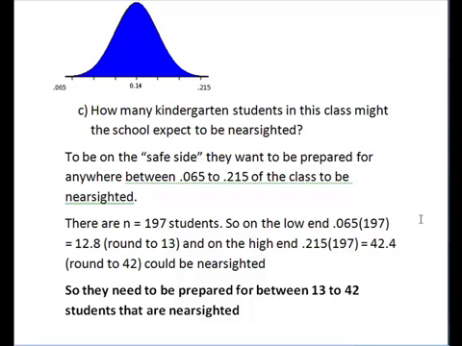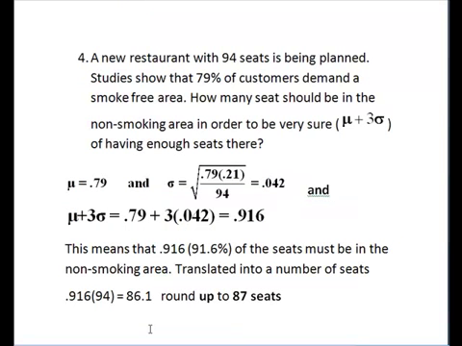So on the low end, we take 6.5% of 197, get 12.8, or round to 13 students. On the high end, we take 21.5% of the 197 and get 42.4, which we round to 42 children. So they need to be prepared for anywhere between 13 children to 42.